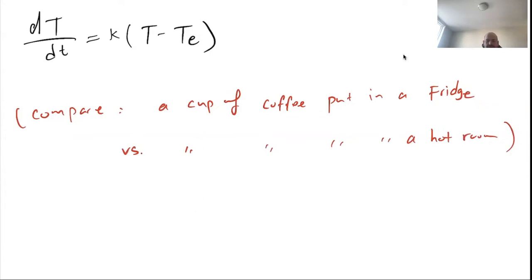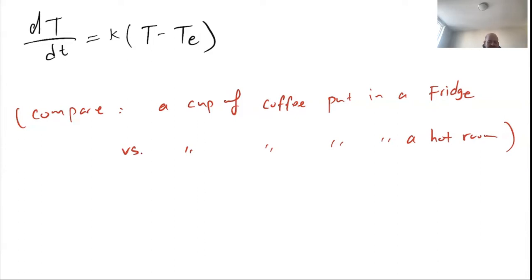When you put a cup of tea in a fridge, obviously the change in temperature is much faster because the difference between the cup of coffee temperature and fridge temperature is very high. But in the other case, the difference between a cup of coffee temperature and hot room temperature is not very high. So the change is also slower. So we can say that always the change in temperature is proportional to the difference between object temperature and the room temperature.